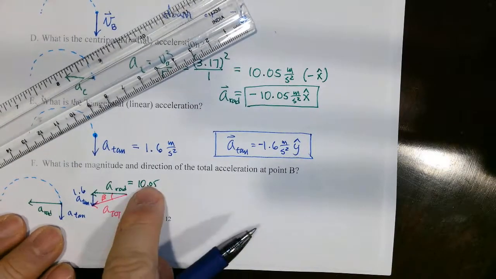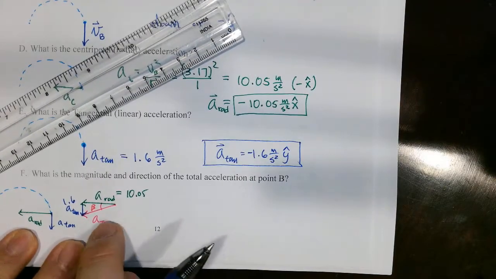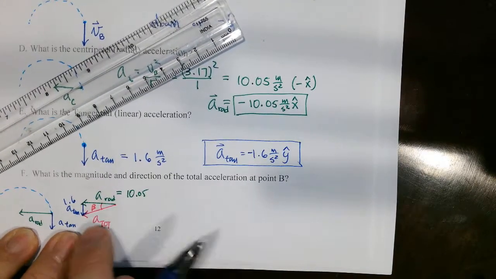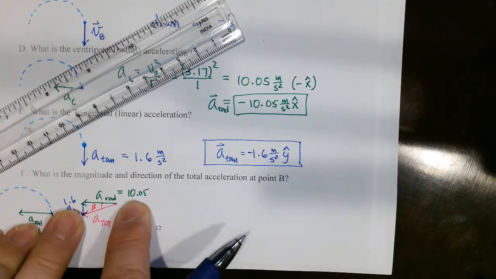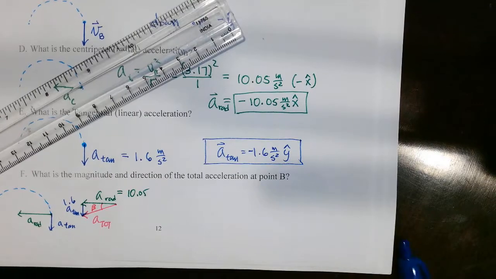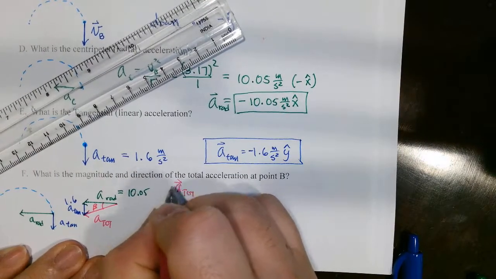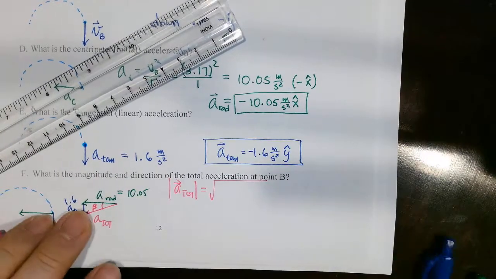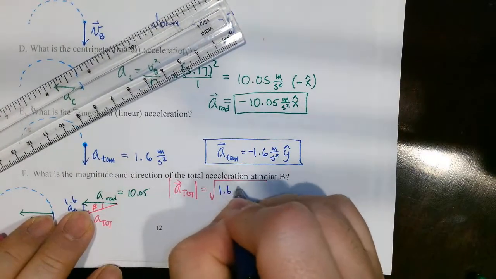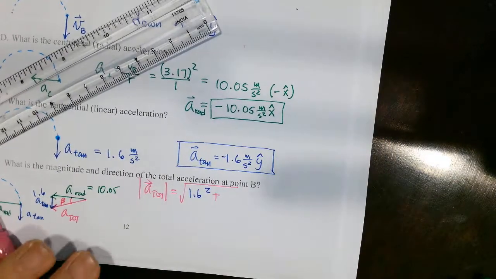Now, yes, you can put negative and negative. You can do that, definitely. But for now, since I'm looking for just the magnitude, I could just use these values without the negative because they're going to be squared. So let's find the magnitude. The magnitude of A total is equal to the square root of 1.6 squared plus 10.05 squared.